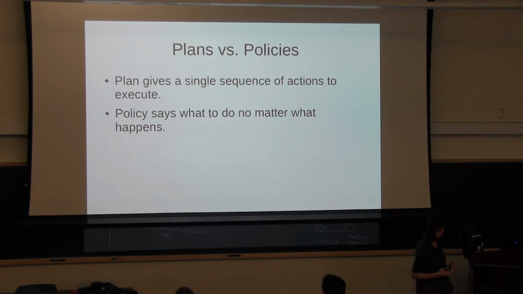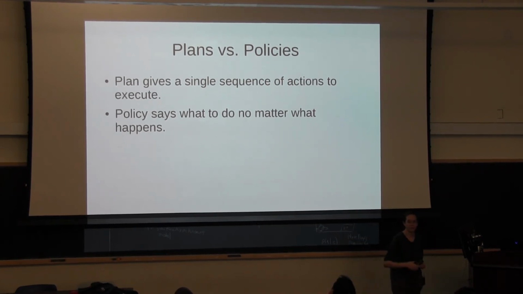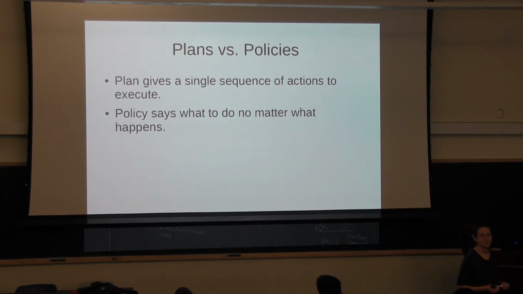This is related to the question about deterministic versus non-deterministic. Yeah? You know what's going to happen to your action for sure. Yeah, so if you just know the world really well, then you can just make a plan, and it's going to work because you're assuming that you know what's going to happen. Yeah? If the world's deterministic, the plan.